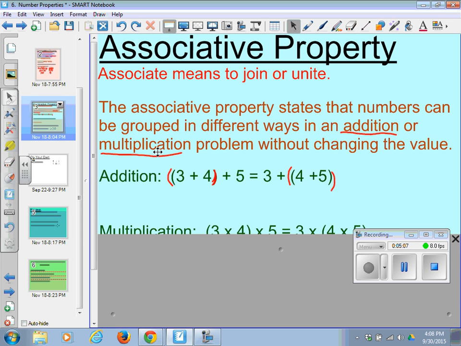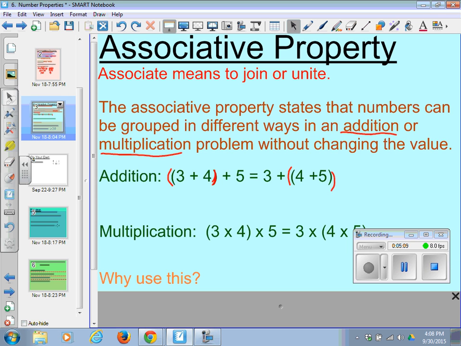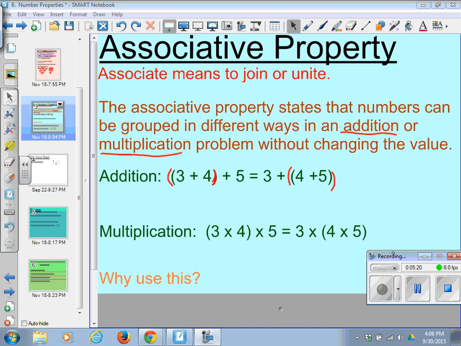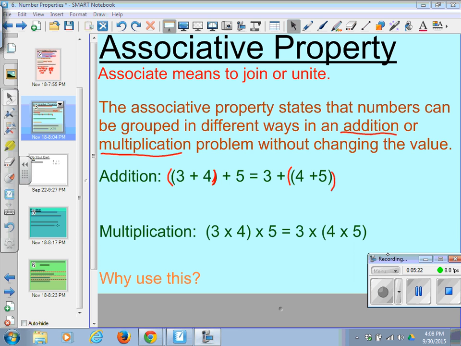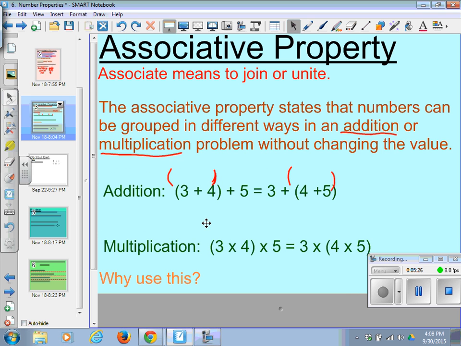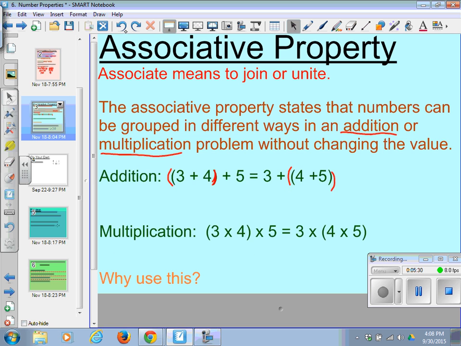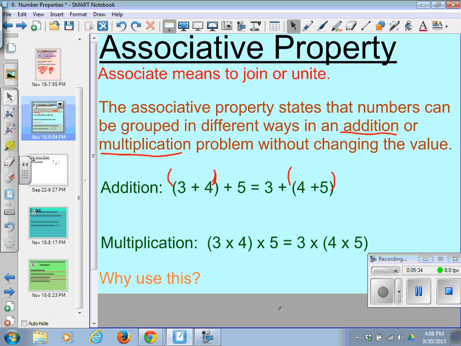Now let's go on and see how this applies to multiplication. In multiplication, if it's all multiplication across, 3 times 4 times 5, we can go ahead and group these up differently if we like using our associative property.